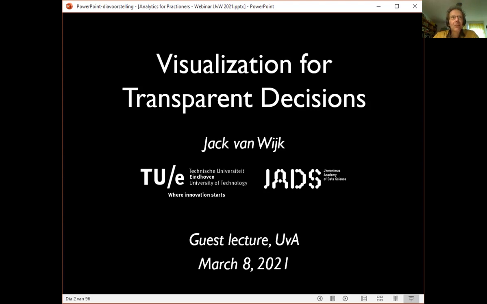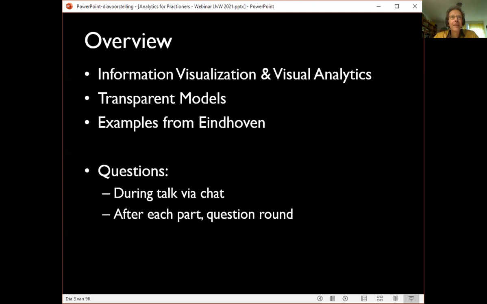Today, I would like to talk about visualization for transparent decisions. It's about a mix. First, I'll give very shortly my take on InfoVis and visual analytics. Then I'll zoom into the need for transparent models. I'll show you a number of examples. They're mainly from Eindhoven.